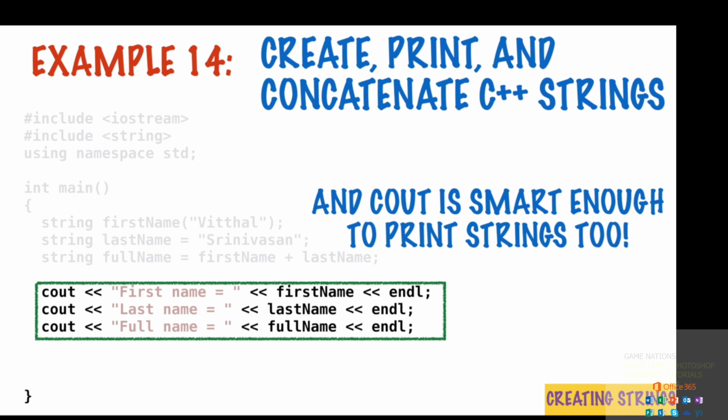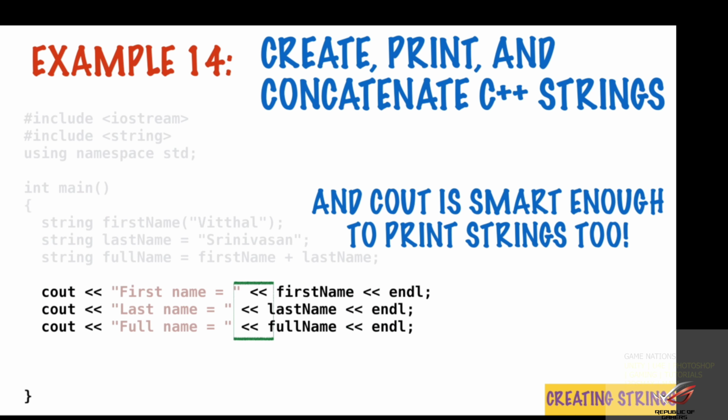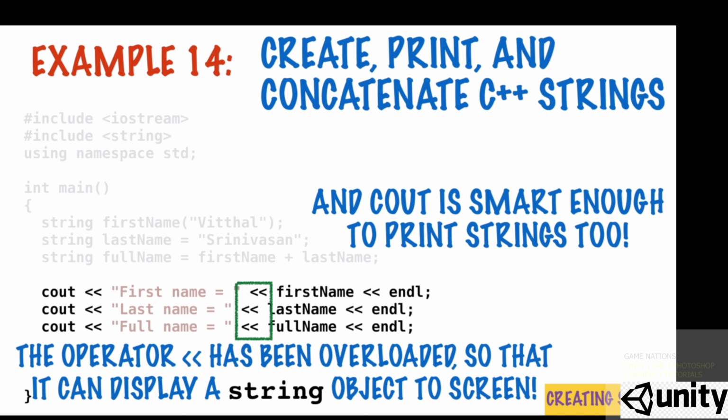Now, this is only possible because of the operator put-to being overloaded. This put-to operator is what allows a data type to be written to cout. This operator is denoted using a couple of less than signs. This operator has been overloaded again so that a string object can be displayed to screen.